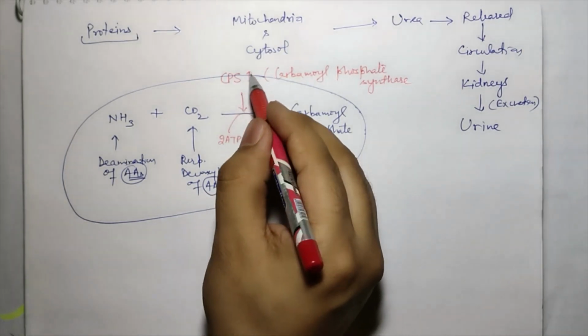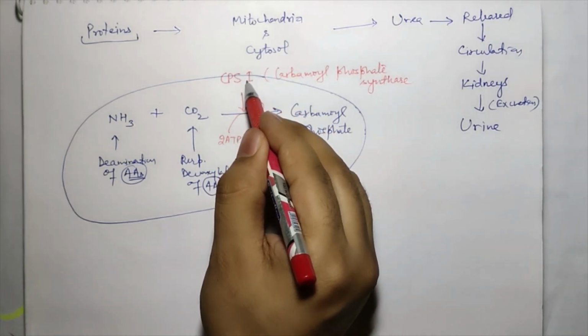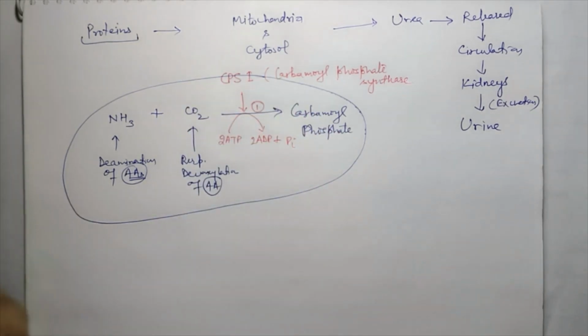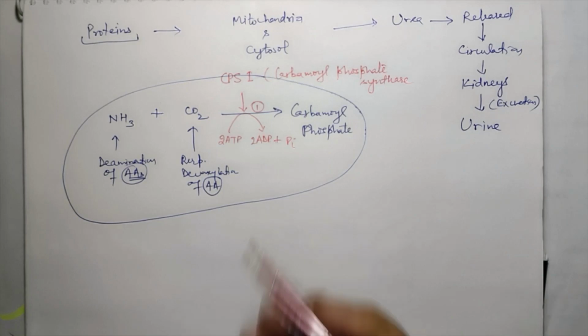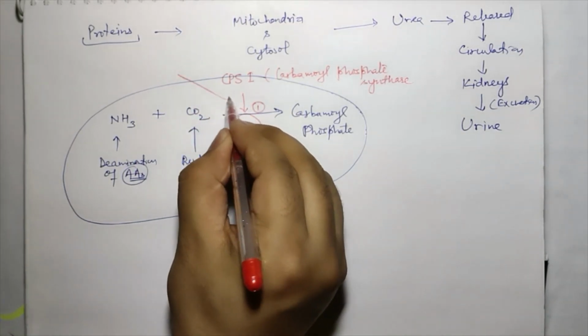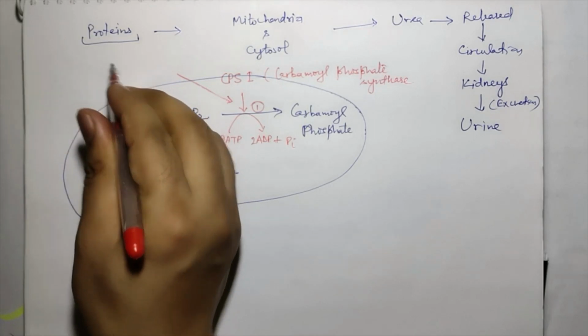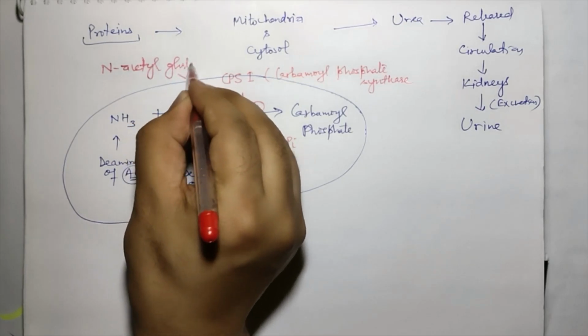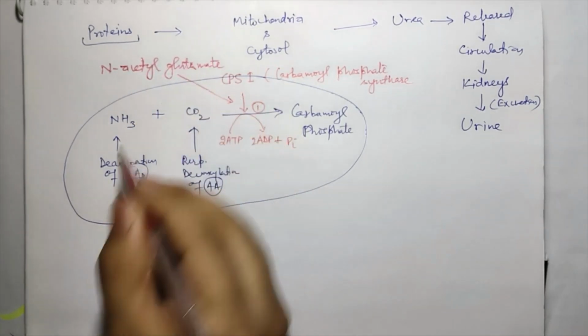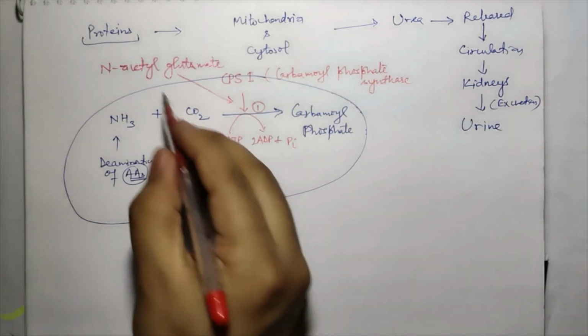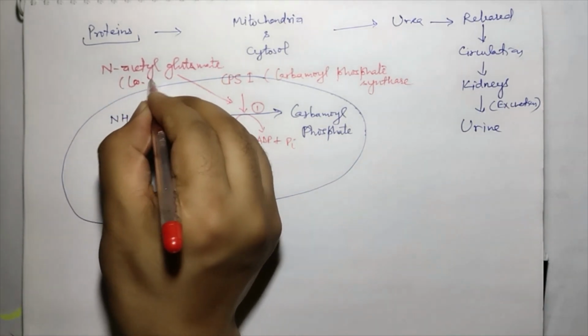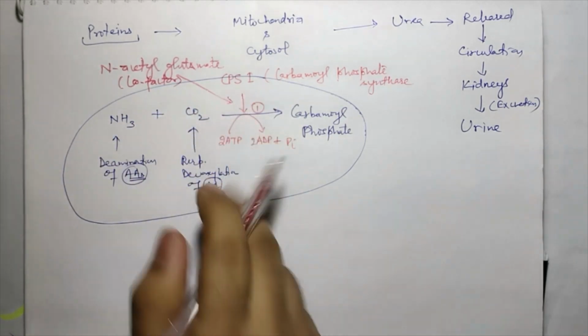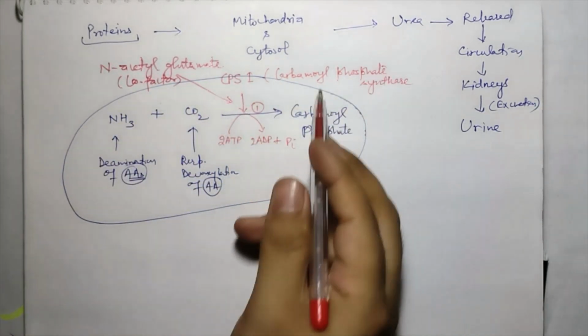But here this enzyme carbamyl phosphate synthase is regulated by another allosteric molecule that is called N-acetyl glutamate. This N-acetyl glutamate acts as a cofactor for carbamyl phosphate synthase.